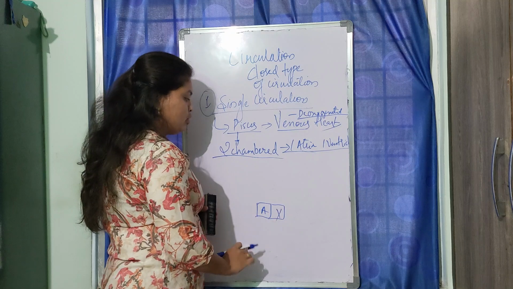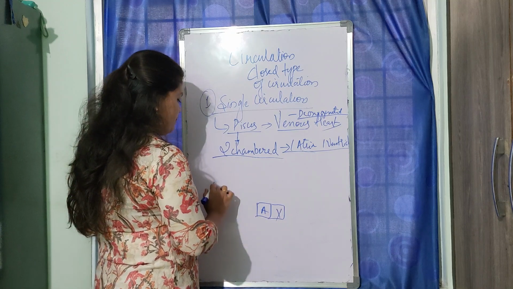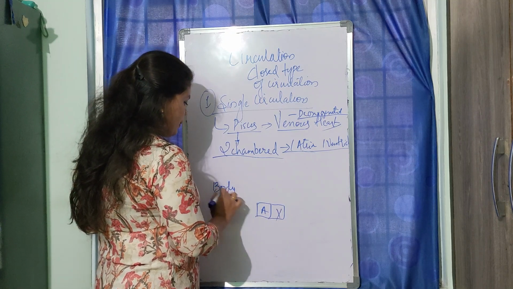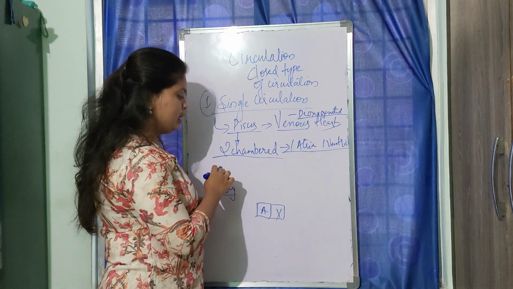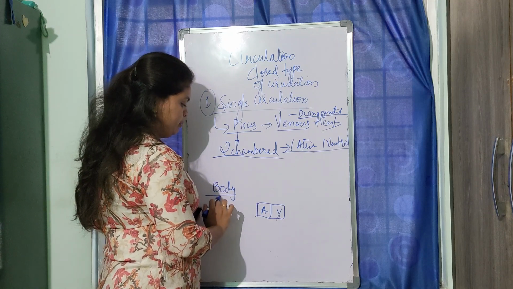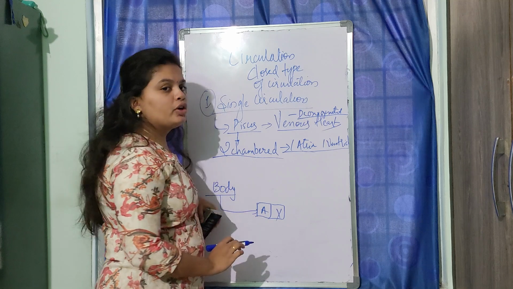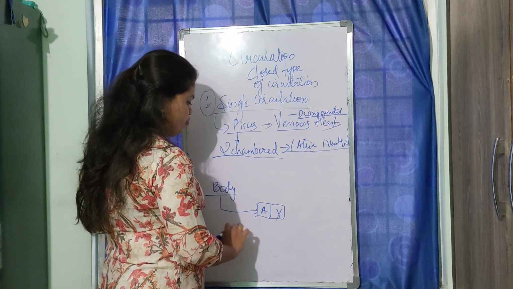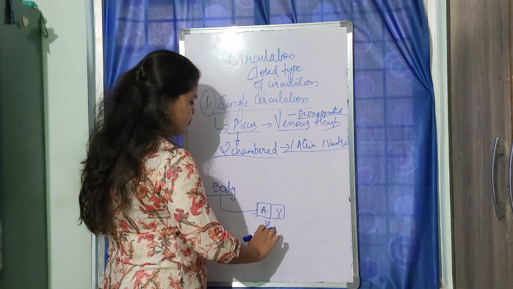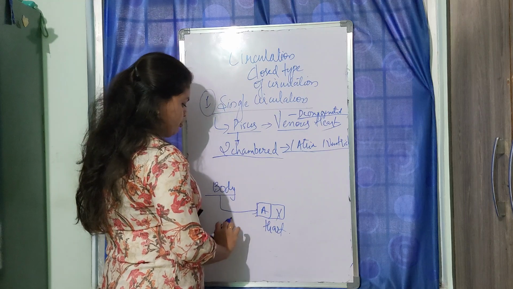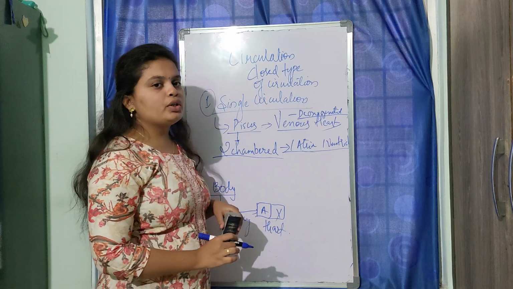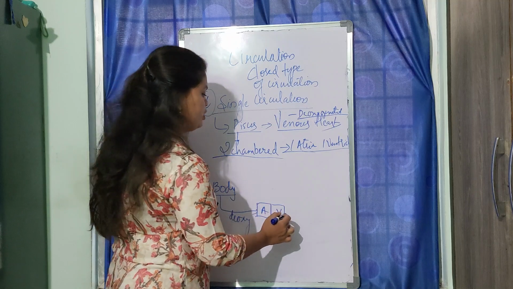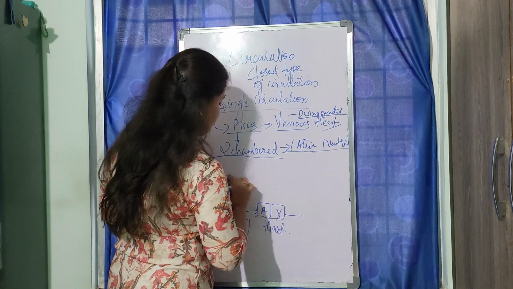Let us see. So the body is going to utilize the nutrients from the blood, and the blood will become deoxygenated. That is going to be sent to the heart. This heart is going to send this deoxygenated blood to the gills.